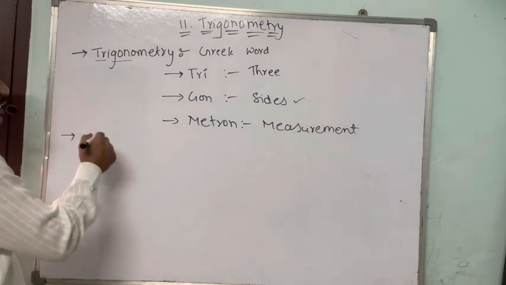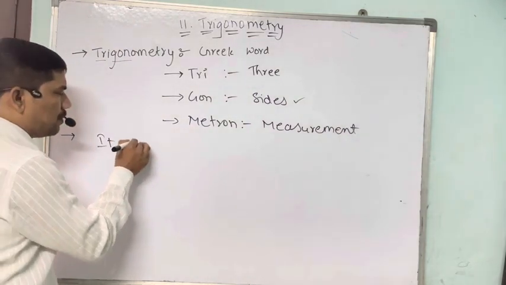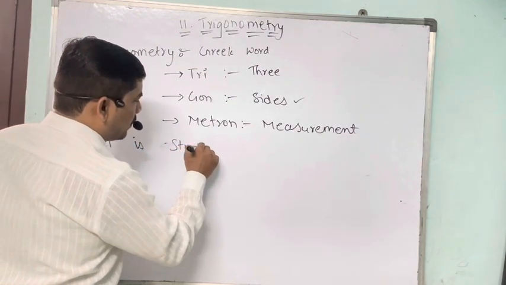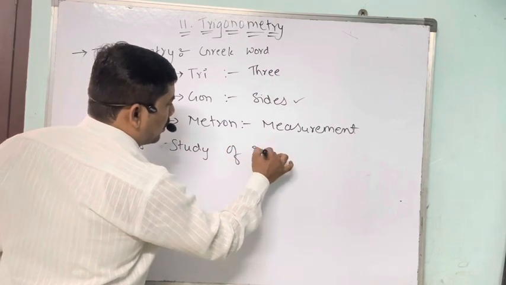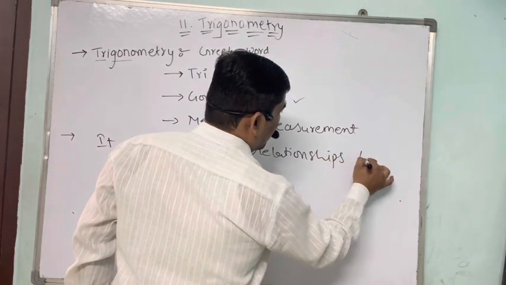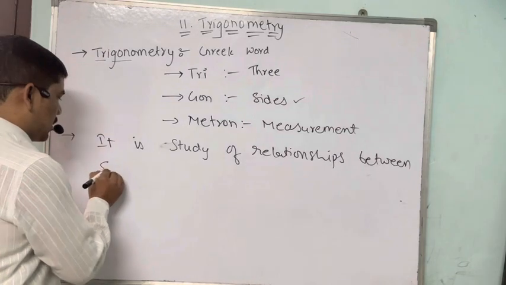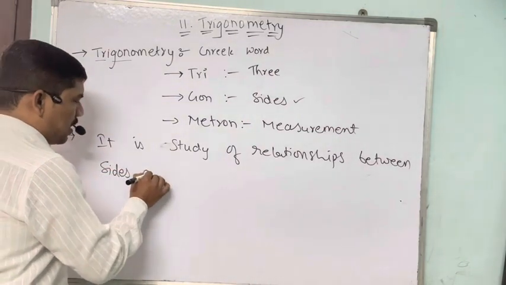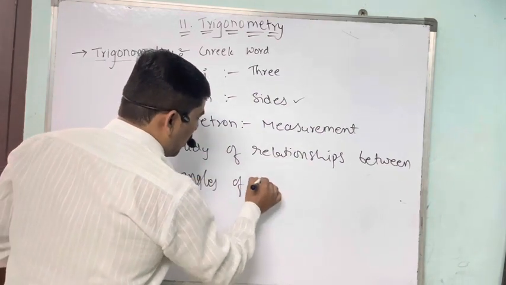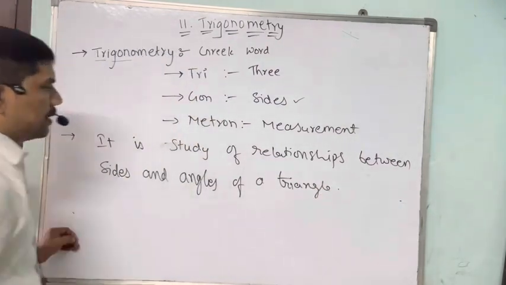Now what is actually trigonometry? Trigonometry, you can write like this, is the study of relationships between sides and angles of a triangle. Is it clear everyone?